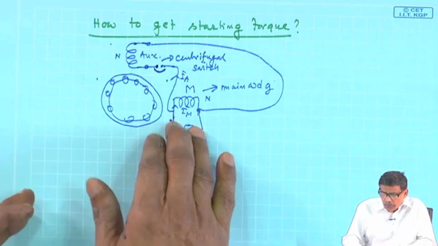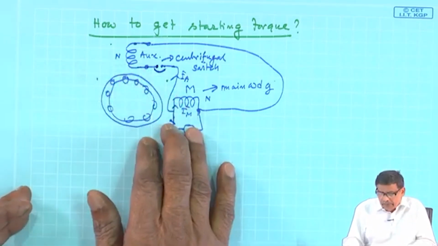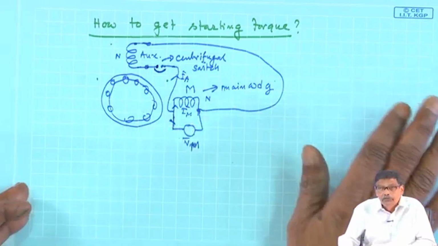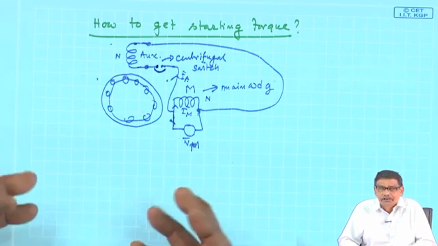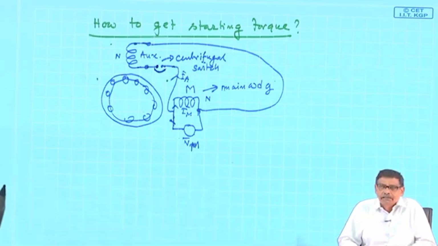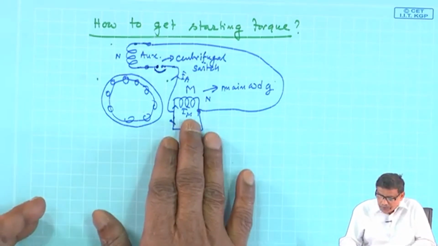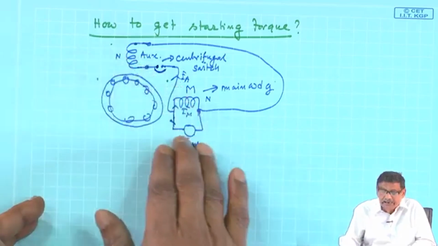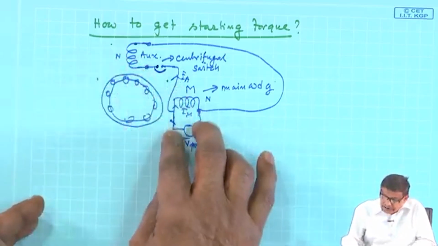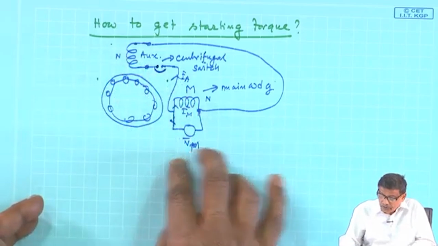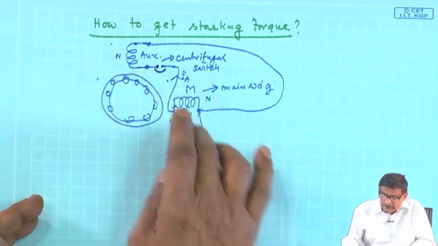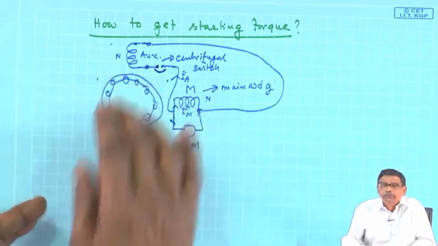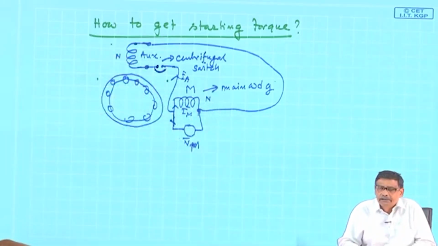If these 2 windings are identical and if you have a balanced 2-phase supply available, which is however not the case, suppose a 2-phase induction motor with a main and auxiliary winding is connected to a 2-phase source, such that the currents in both of them will be 90° apart, then the problem would have been solved.